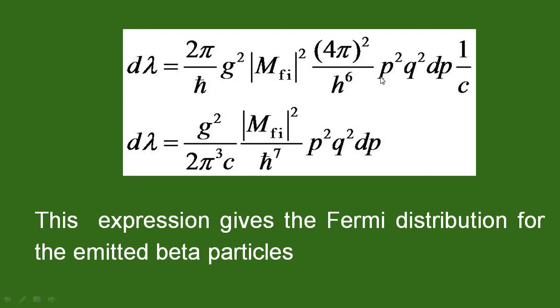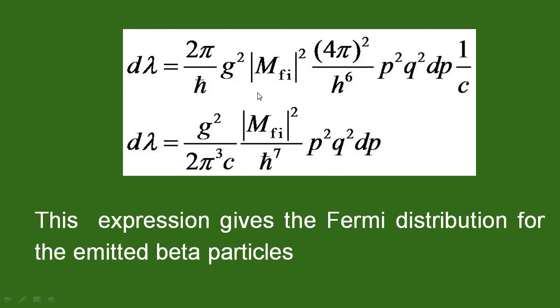Then again, if you are dividing with that number, you have to multiply also. So you can have a simplification based on this, and you can now get the result as d lambda equals g square by 2 pi cubed c mfi square h cross raised to 7 p square q square dp.